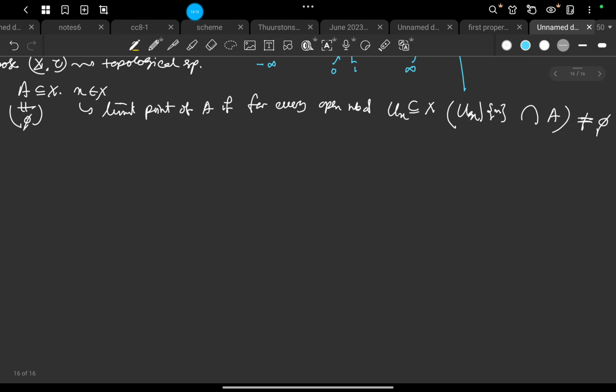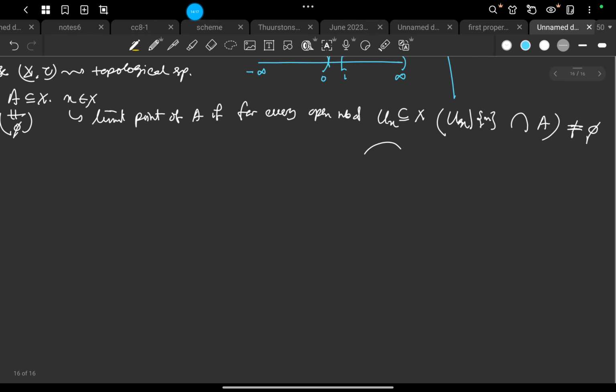If x is outside of A, there is no need to delete x from the open set.